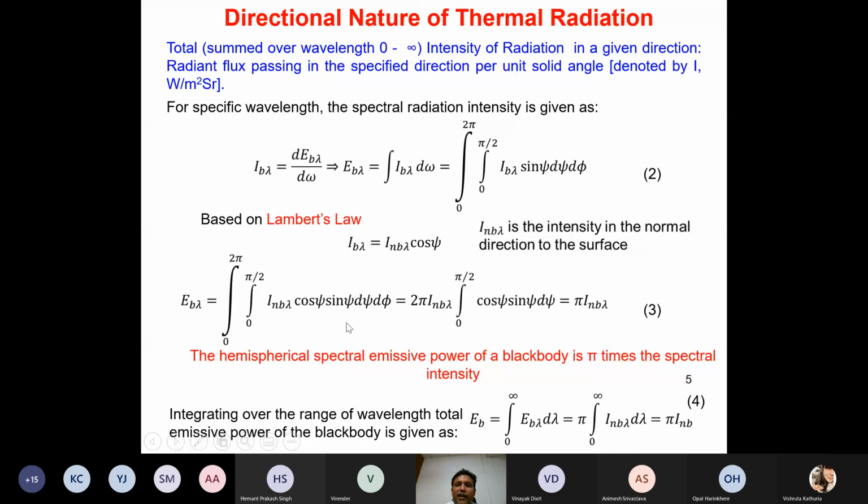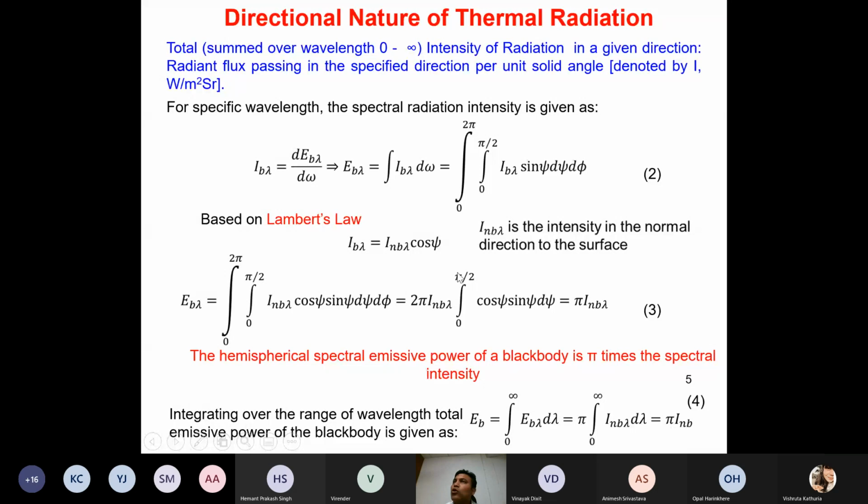So the integral of this d phi is going to be just 2 pi. So we will have 2 pi Inb lambda outside of the integral, and the integral remaining part is 0 to pi by 2 sin psi cos psi d psi. So only the terms which are related to psi are remaining in this integral. Okay.